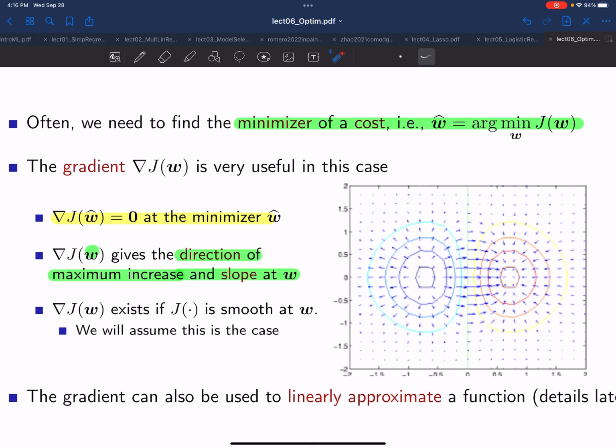Question: if there's a true minima and then a local minima, can you get stuck in the local minima? Yeah, that's right. In cases where you have multiple minima, some minima might have smaller values than others, and depending on your algorithm, you could converge to a local minima or the global one.